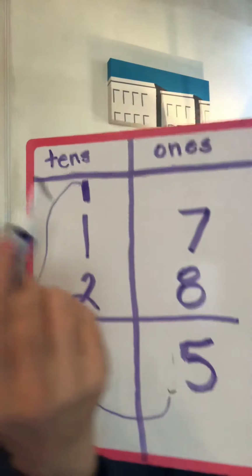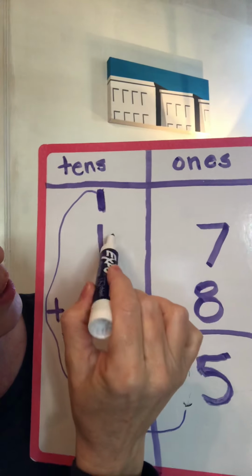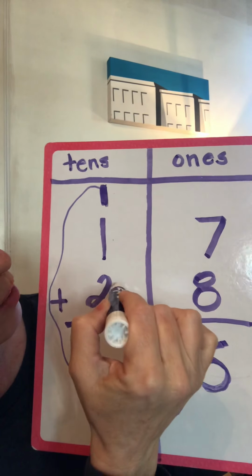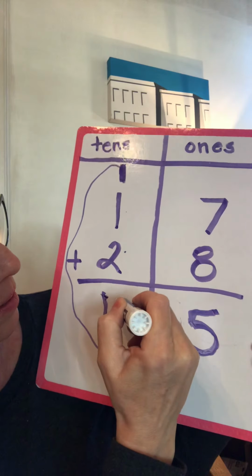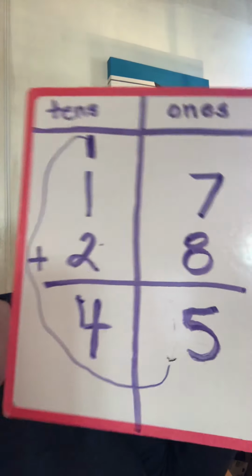Okay? So then you have 1, 2, 3, 4. So your sum is 45.